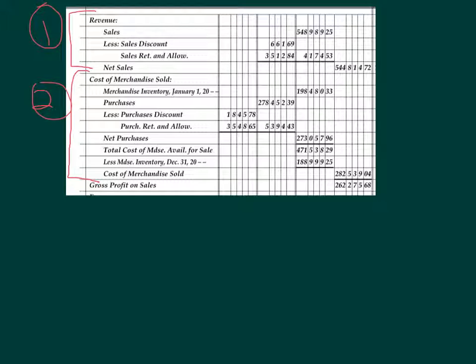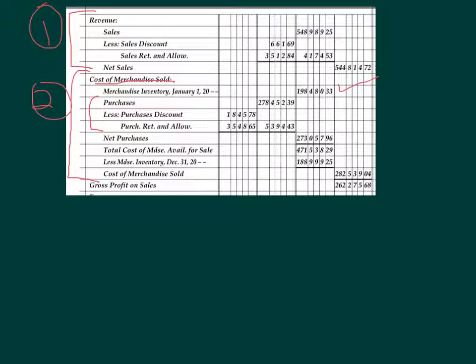You start out by entering a line item title, cost of merchandise sold. Next, you're going to take your beginning merchandise inventory, which will be coming from your trial balance debit column, and inputting that amount into column 3. The next part of our formula is to take purchases. Remember, purchases will include your regular purchase account less any contra accounts, which would reduce our purchases.